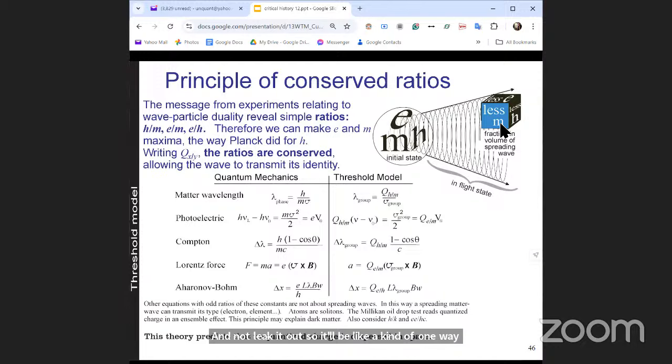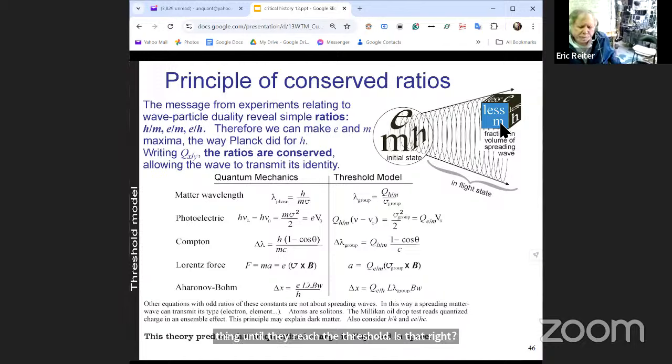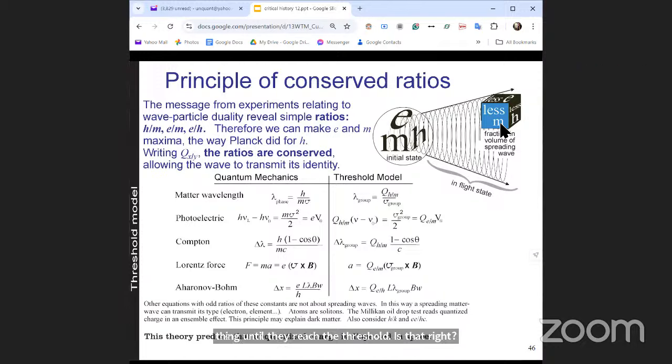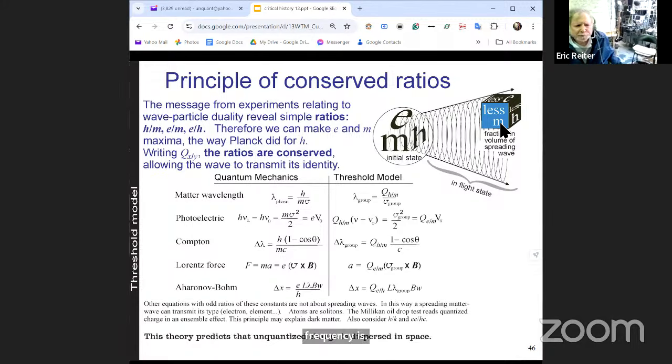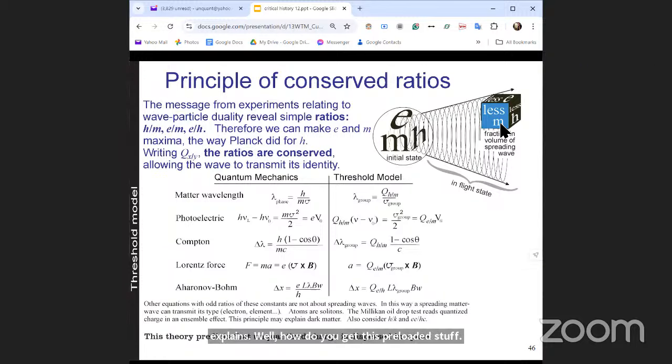Is that right? That's what it looks like, yes. So in effect, atoms are just harvesting energy out of the environment at whatever their resonant frequency is. That's what it looks like. Okay, thank you. That explains how you get this preloaded stuff. Very good.